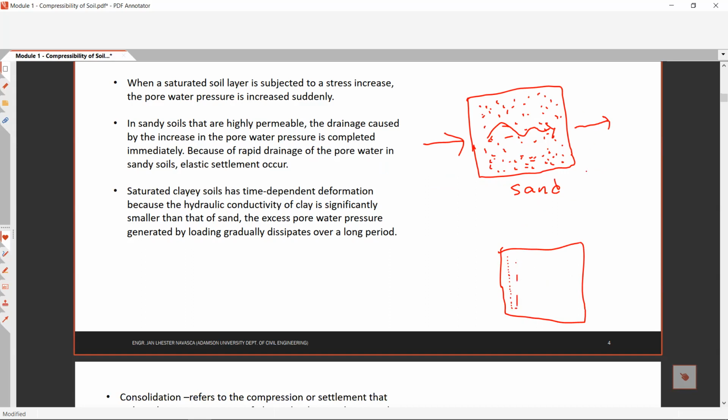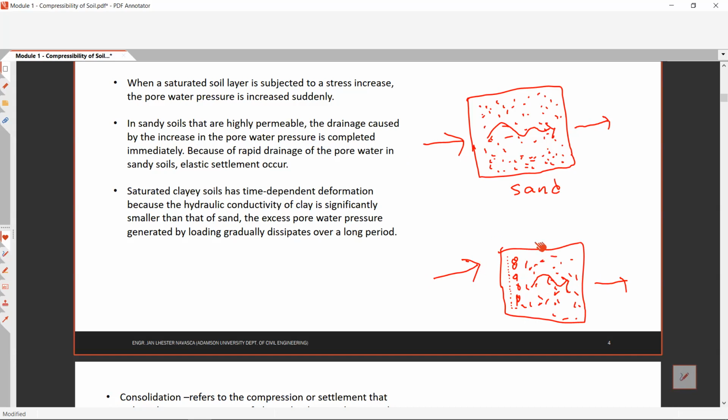So when the water flows in clay, medyo mas mahihirapan siya compared to sand since yung hydraulic conductivity ng clay is significantly smaller than that of the sand. Okay? So mas mahirap. Ulitan ko lang, medyo mahirap yung pag-flow ng water compared to sand.